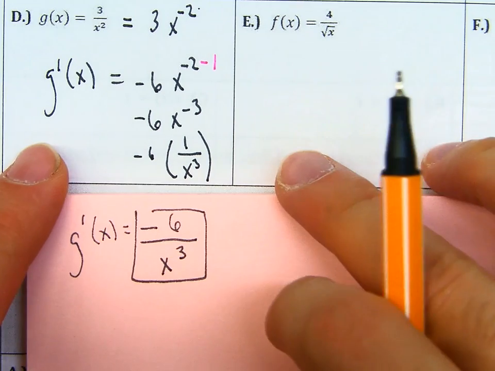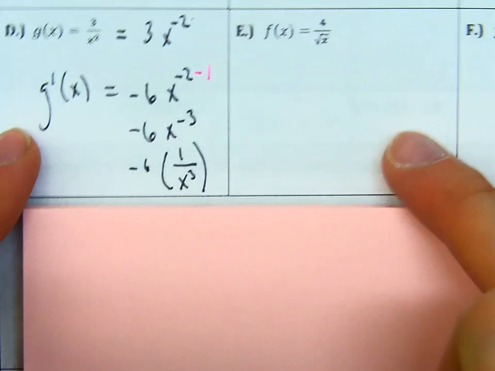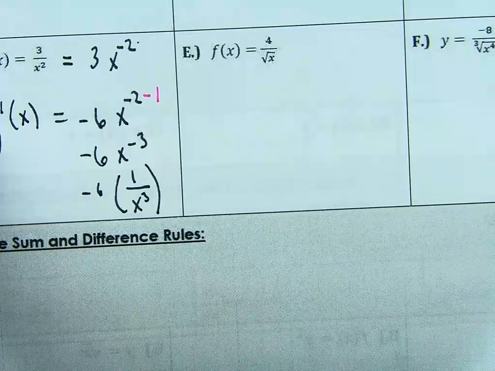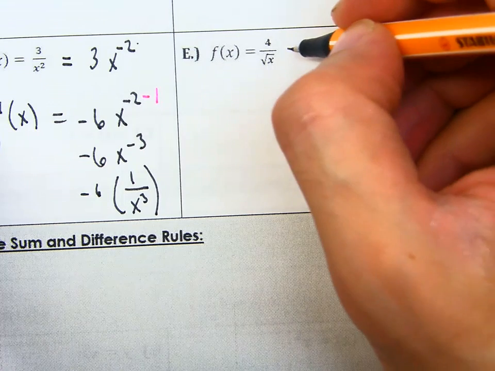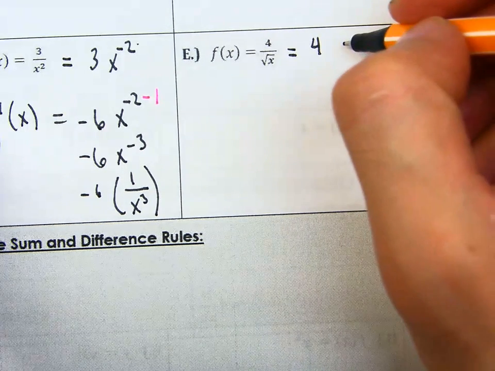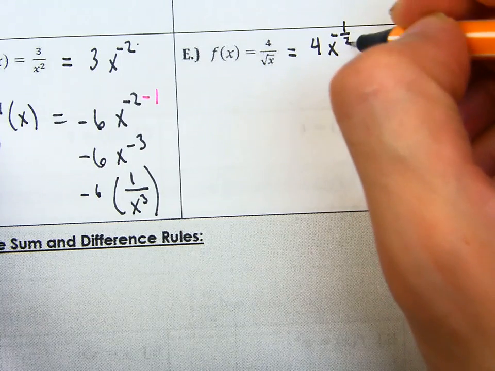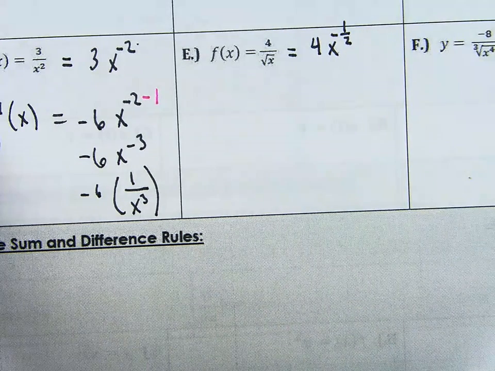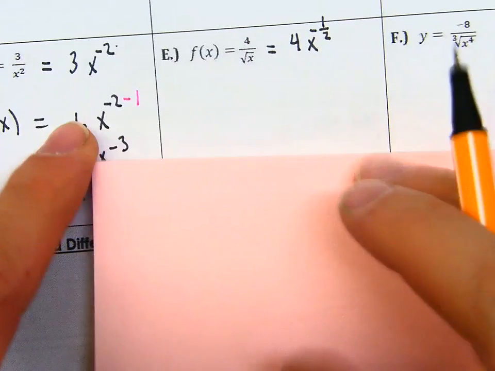Okay, let's try letter E. How do you do letter E? We have 4 over square root of x, and notice that's equal to 4 times x to the negative 1/2. That was a little tricky, so let's break this down.